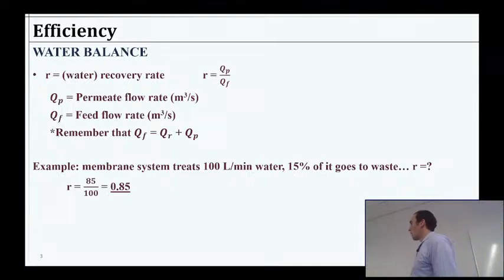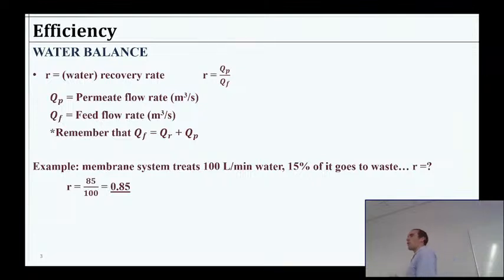So QP over QF. QP being the flow rate permeating, QF being the flow rate that we're feeding to the membrane in the first place. If we put these in cubic meters per second, we want both that way.